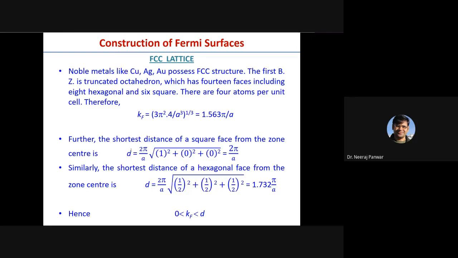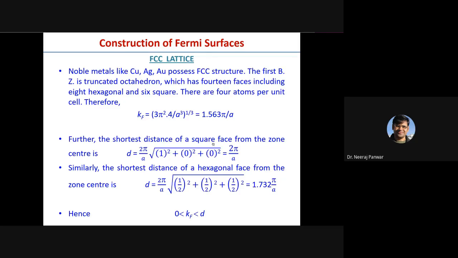For the square face, d comes out to be 2π/a, and similarly, the shortest distance of a hexagonal face comes out to be 1.732π/a.